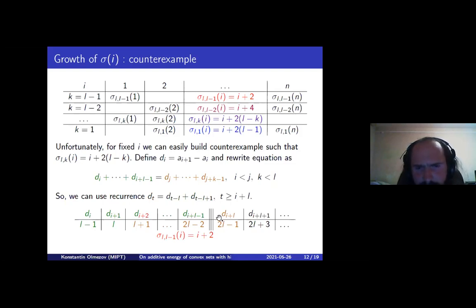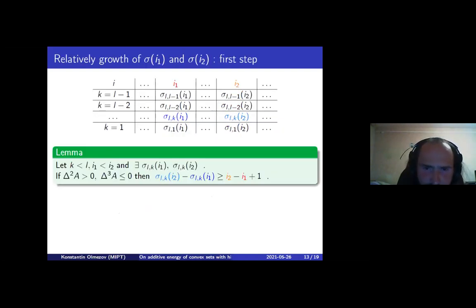Okay, and here we see that such a value of sigma can be a solution of this equation.